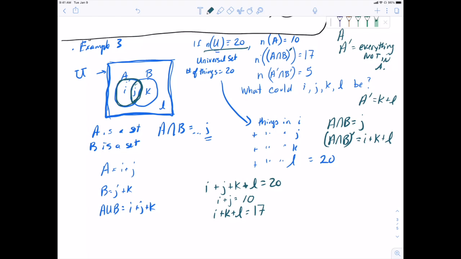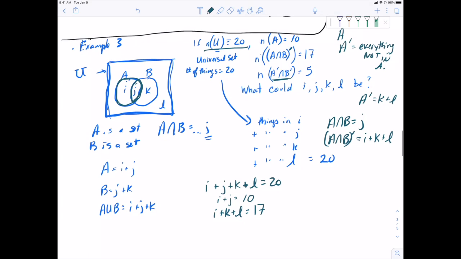So let's do the same thing here and see if we can figure out what this looks like. Let's figure out what A naught is, then we'll figure out the rest.